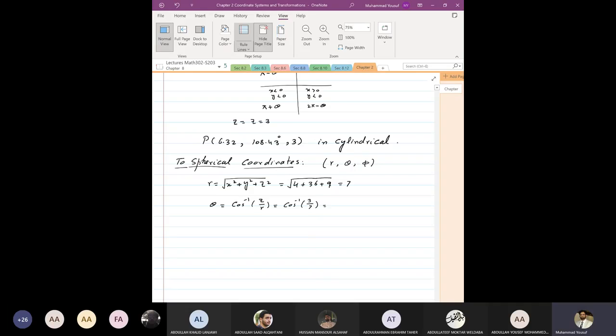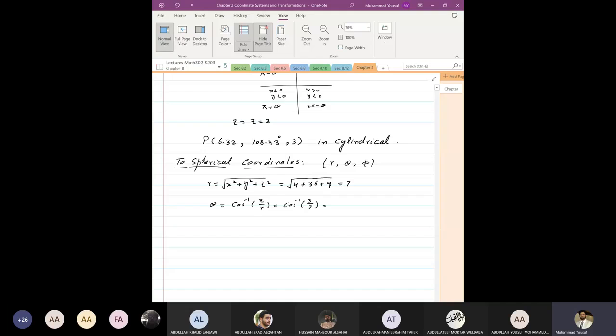So I'm using here my laptop, my MATLAB on my computer. So a cosine of 3 over 7, and then I multiply by 180 over pi, so 64.32 degrees.